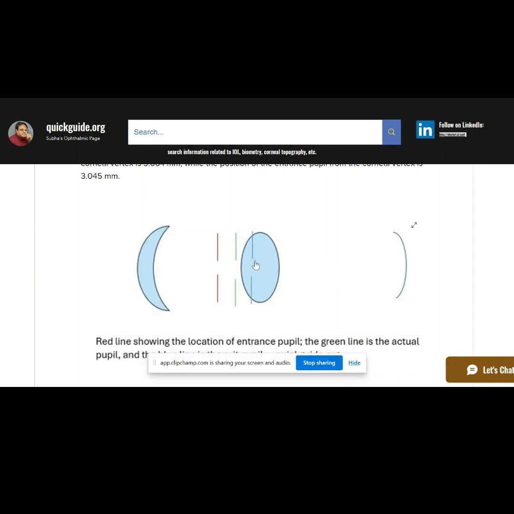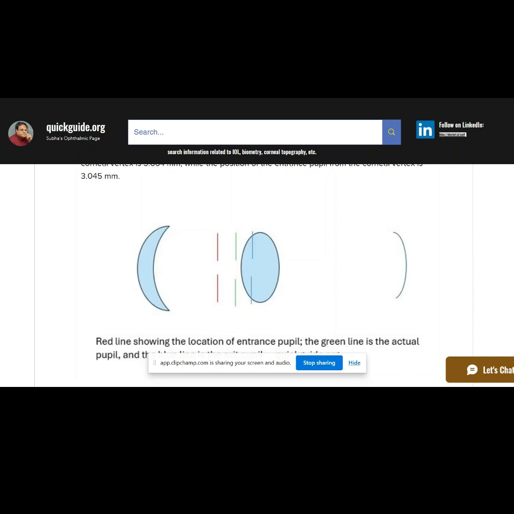So knowing the exit pupil is also important because you want to know what is that beam of light that ultimately passes through the physical, real pupil and creates the image on the retina.